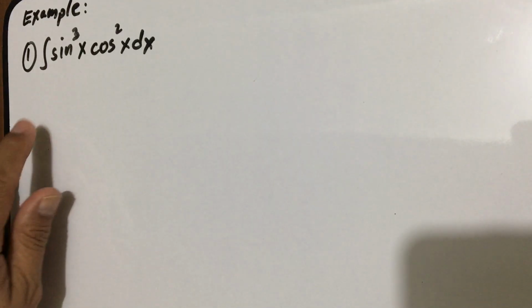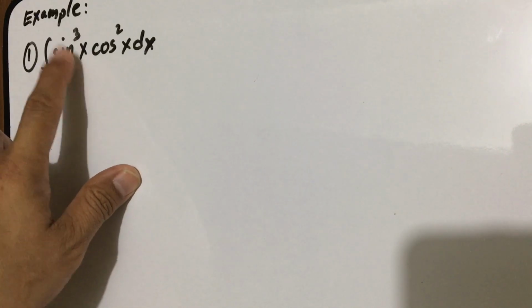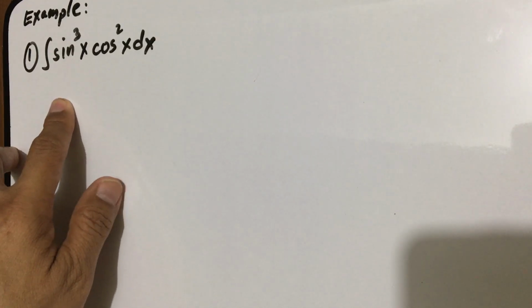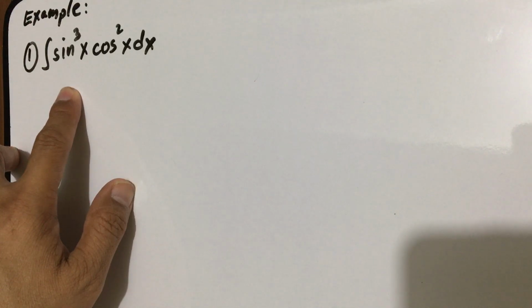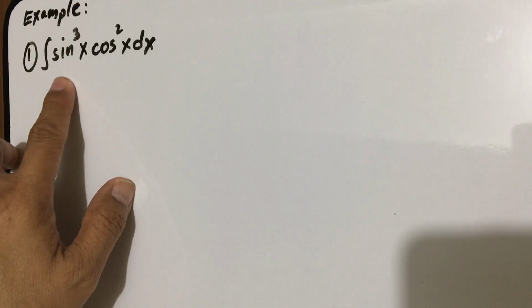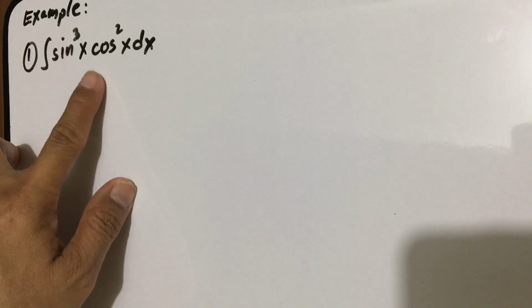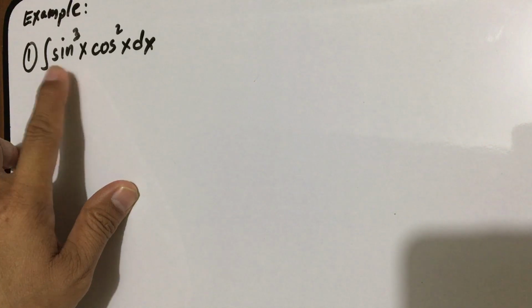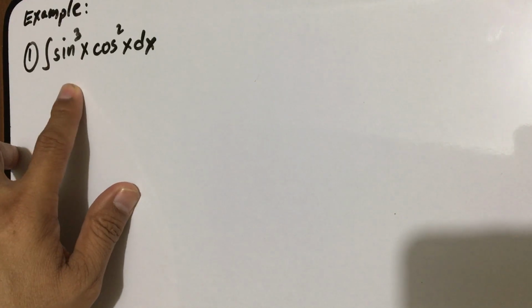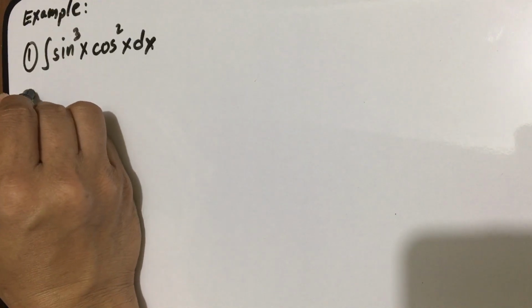Okay, so we are going to break this sine cube x into two parts so that we can factor out sine u du, because of the rule here for case 1. We have to factor out sine u du or sine x dx, but we don't have sine x dx yet from the given, so we have to break this sine cube.